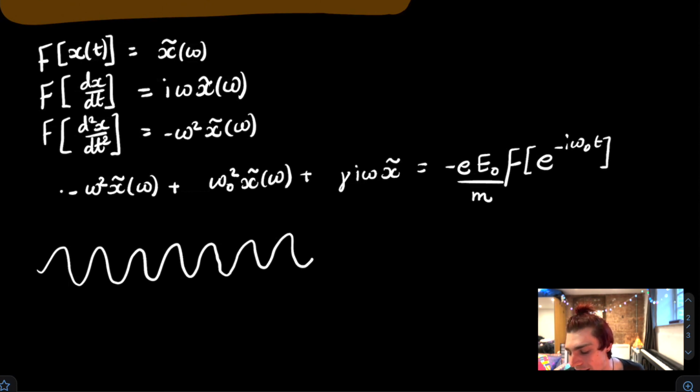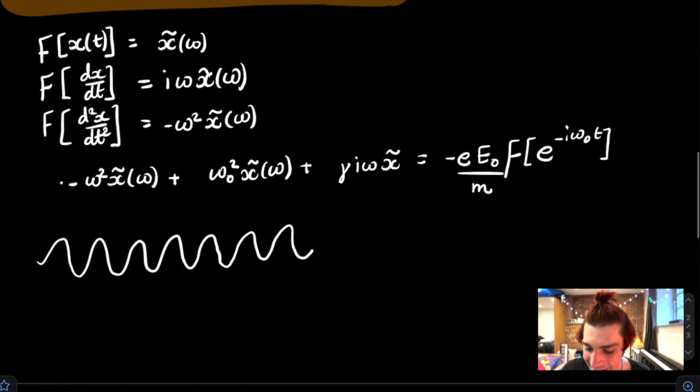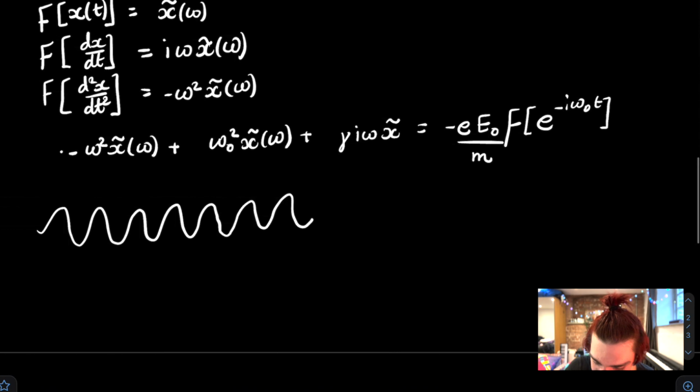Well, there is a thing in mathematics which is only on for one specific frequency, but is not on for any other frequencies. And you may have cottoned on to what this actually is mathematically, and yep, you guessed it, this is the delta function, the Dirac delta function.